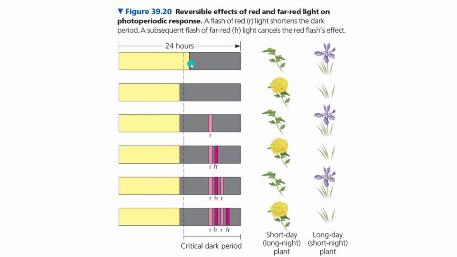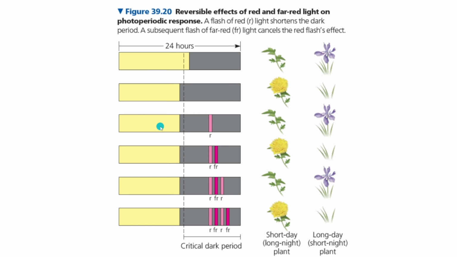For this first situation, you can see that the sunny day period is longer than the critical night length, meaning that for short day plant, no, it cannot flower. Long day plant, yes, it can flower. For here, you can see the day period is shorter than the critical night length. So meaning that this one, short day plant will flower and long day plant cannot flower.